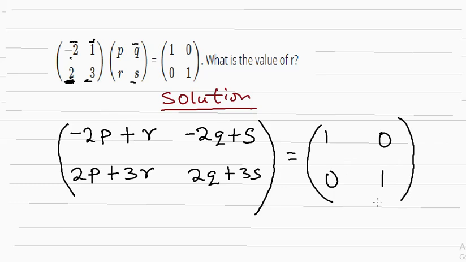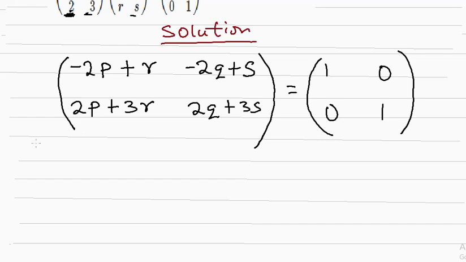With what I have here now, it is very easy for me to solve for r. So I'm going to equate. Let me equate this: minus 2p plus r is equal to 0.